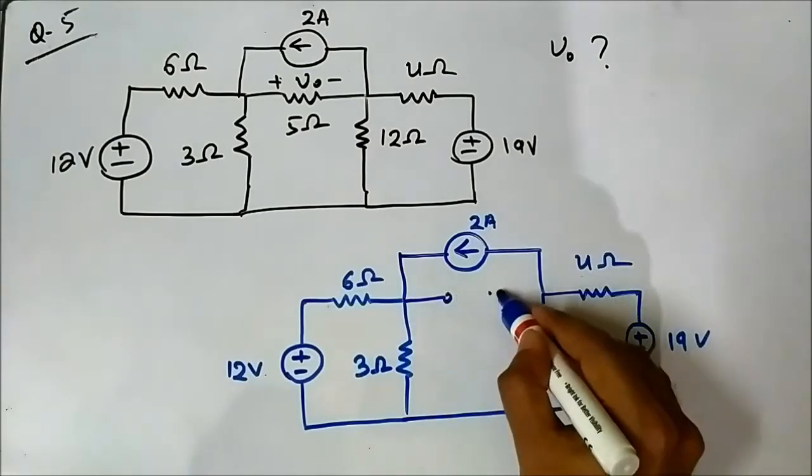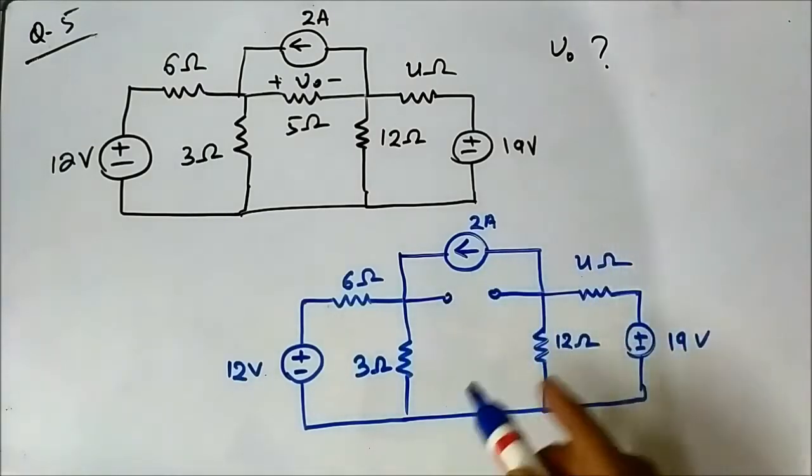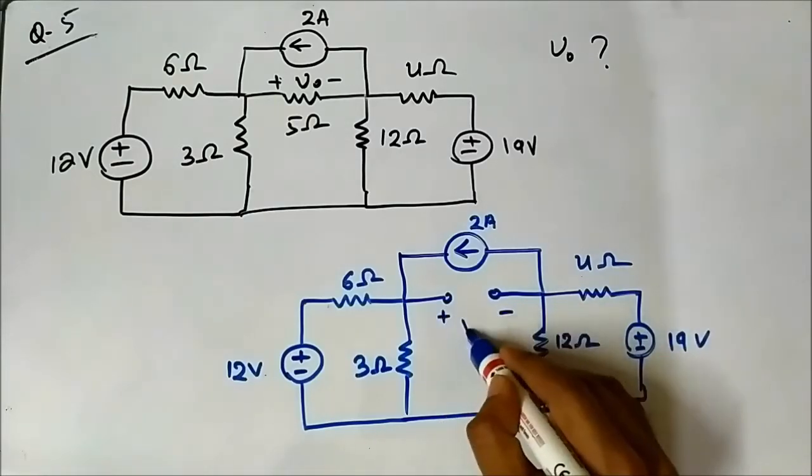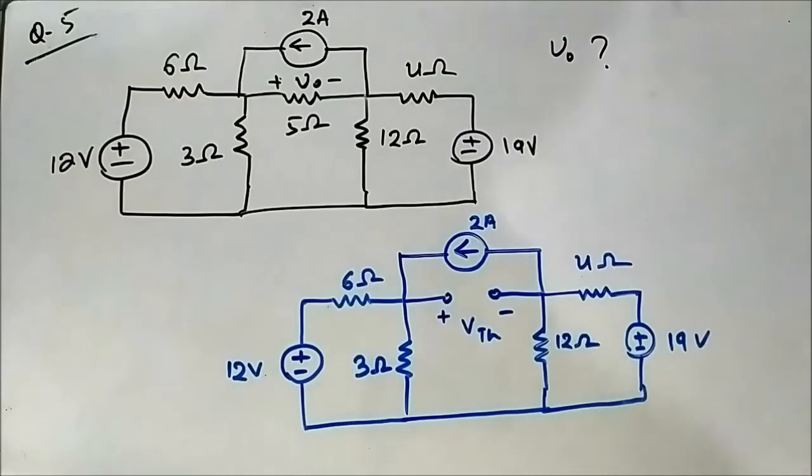Now as we have open circuited it, we have to find the Thevenin voltage between these 2 points.